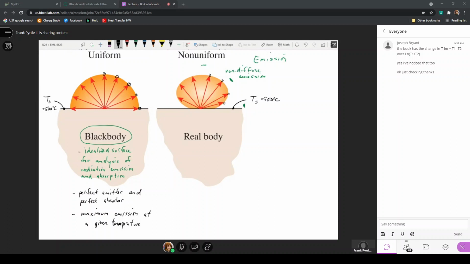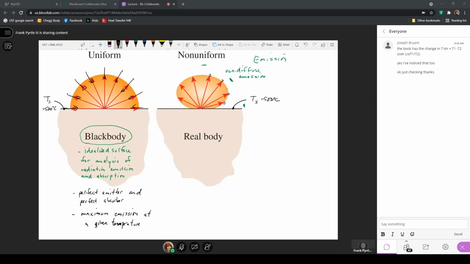A perfect absorber just says, imagine, if it's absorbing, that means energy is coming in from the surroundings, so in the opposite directions. No matter what the direction is from which energy is coming to the black body surface, it will absorb it.